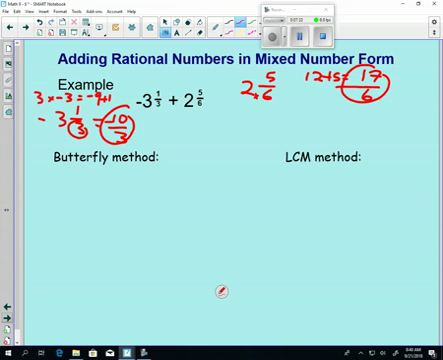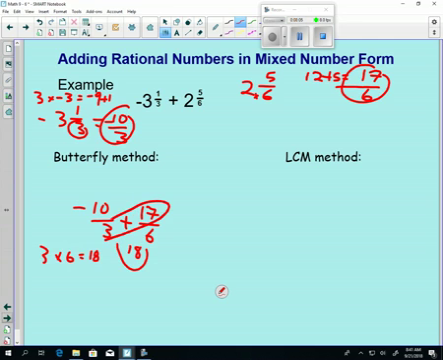So if we have them now, minus 10 over 3 plus 17 over 6. If we use the butterfly method, first thing we do is we're going to multiply 3 times 6. That's 18. So we put 18 here. Then we go 3 times 17.